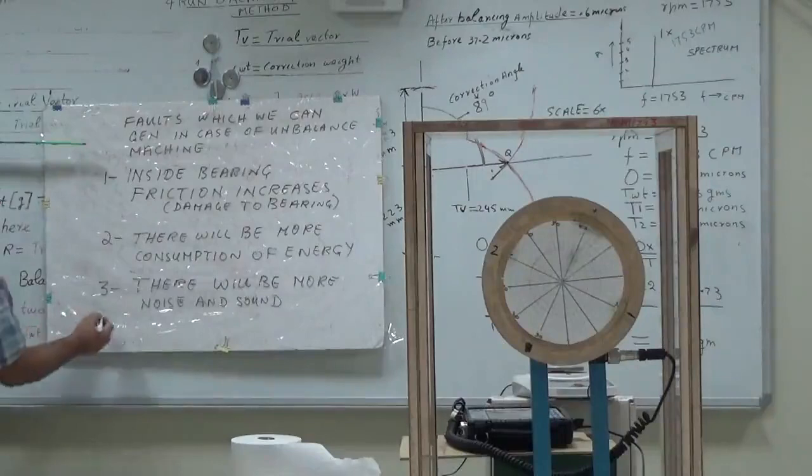And number 4, because of more vibration, the rotor can touch the casing and there will be rubbing. And there can be damage.